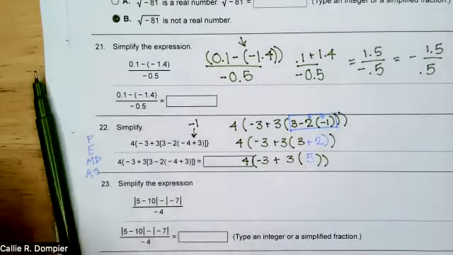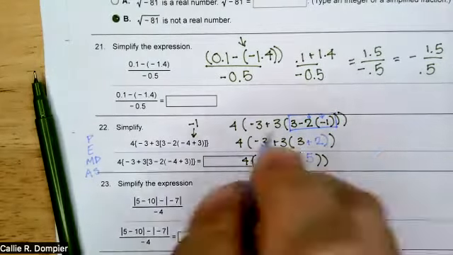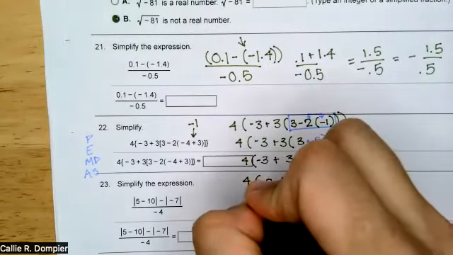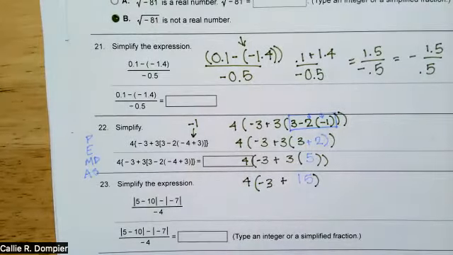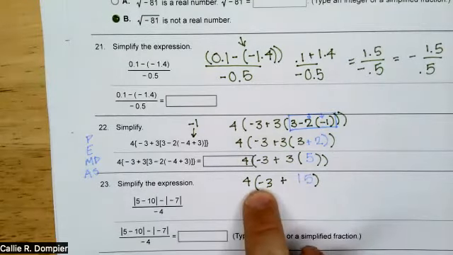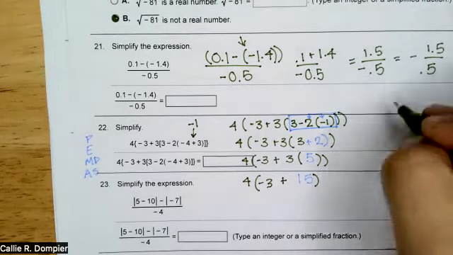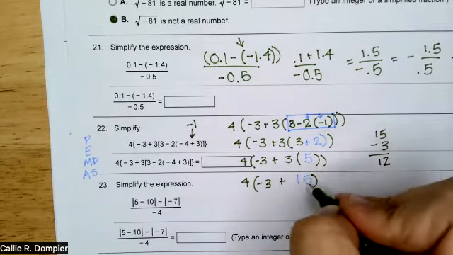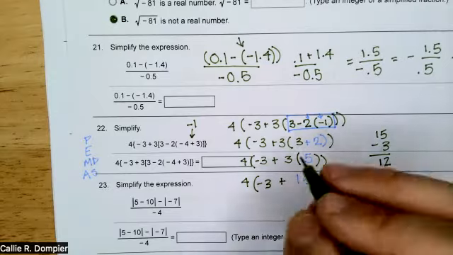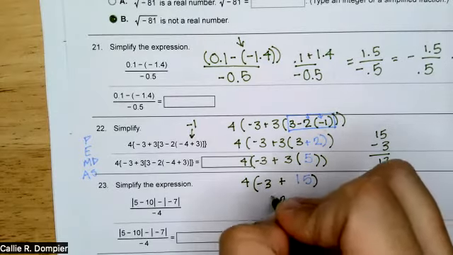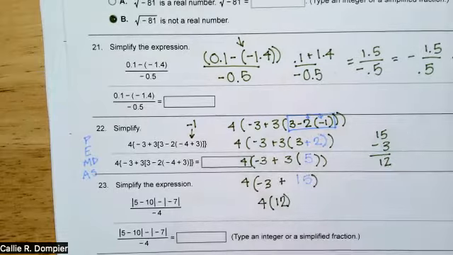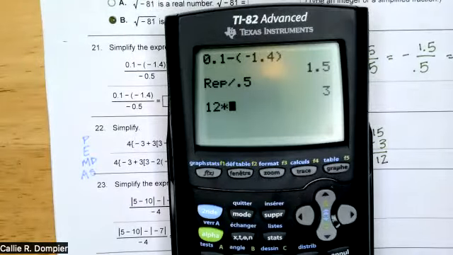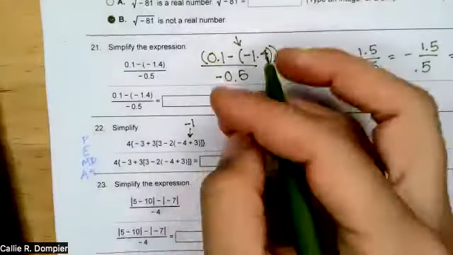Good? 3 times 5 becomes 15. Again, there's a negative number and a positive number. You're combining them. So 15 minus 3 is 12. And the 15 is a positive number, so it's a positive 12. So we're just going to multiply 12 times 4. That's 48.